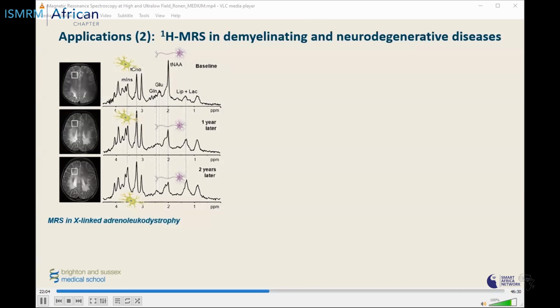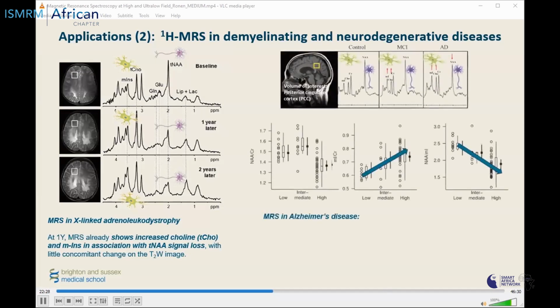It might be what we call astrocytosis, so increase in the number of astrocytes, but it can also be an increase in activity of those cells that are also associated with the immune system of the brain, indicating that there is an inflammatory process going on. So again, there is an increased choline and a decrease in N-acetyl aspartate.